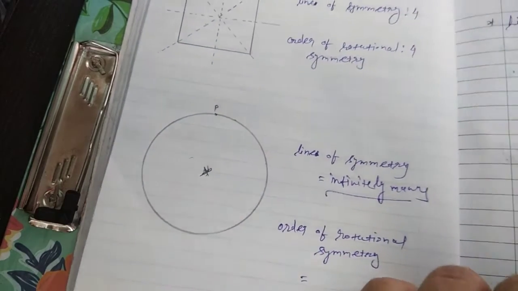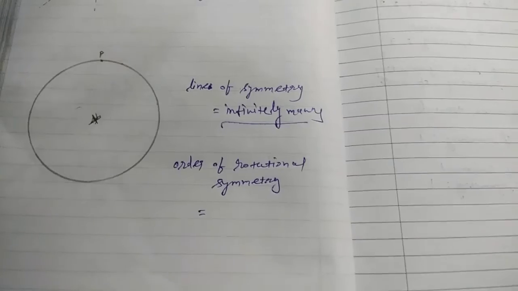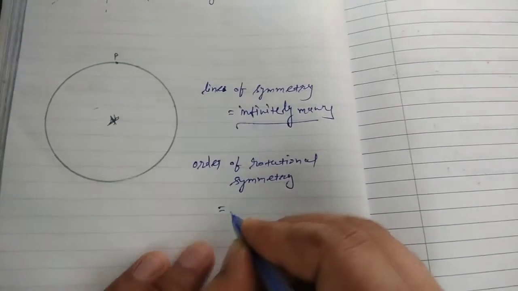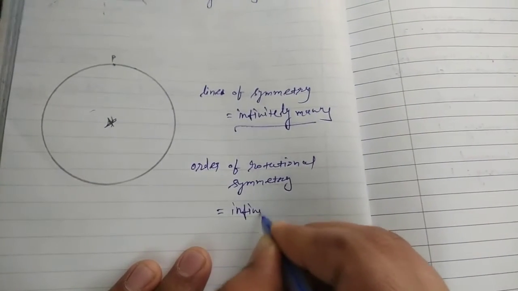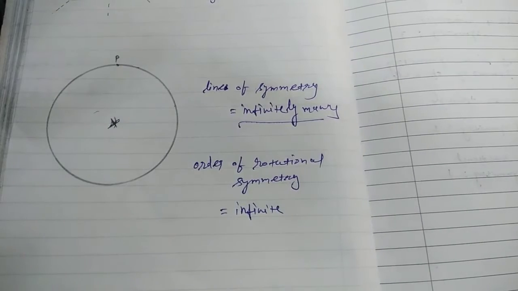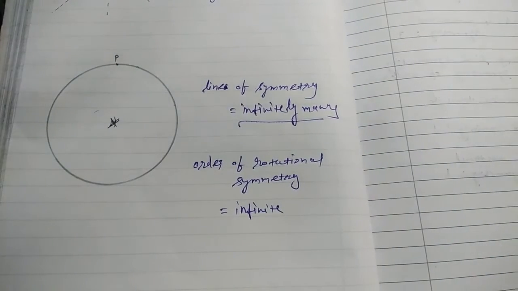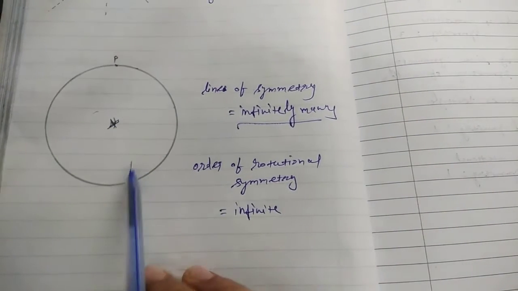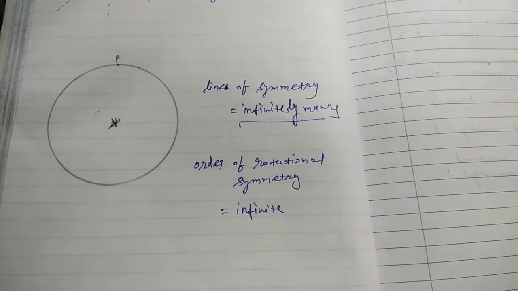So the order of rotational symmetry for the circle is infinitely many, because as we have learned, between any two numbers there are infinitely many rational numbers. Therefore the order of rotational symmetry for the circle is infinite, and the lines of symmetry for the circle are infinitely many.